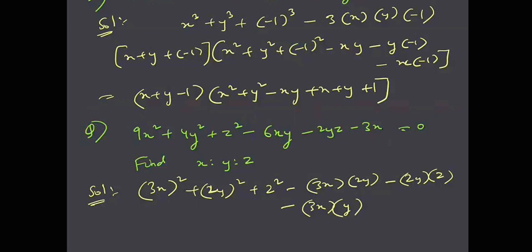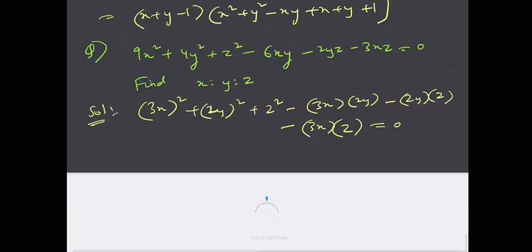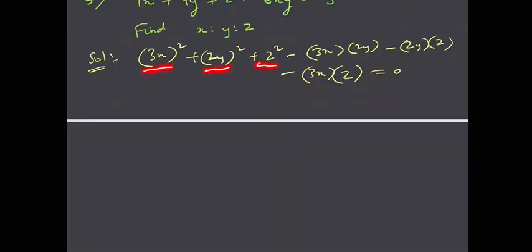So this is minus 3x into z equals 0, right? So now if you see this, this is of the form a square plus b square plus c square minus ab minus bc minus ca, and this is equal to 0.